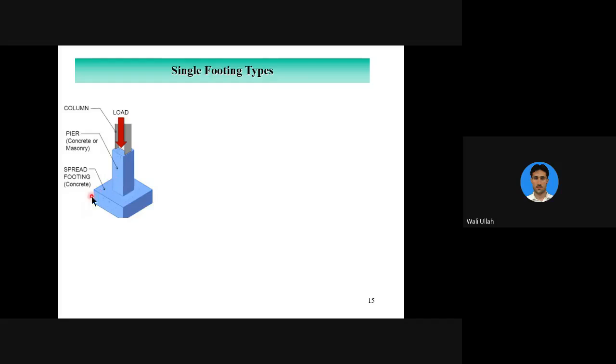And you have provided a pad beneath the column to transfer the load to the soil. Like in the example, you have increased the area at the base of the column so that the stresses become within the limit. That's why it's called spread footing, because it spreads the load in the soil using a greater concrete area.